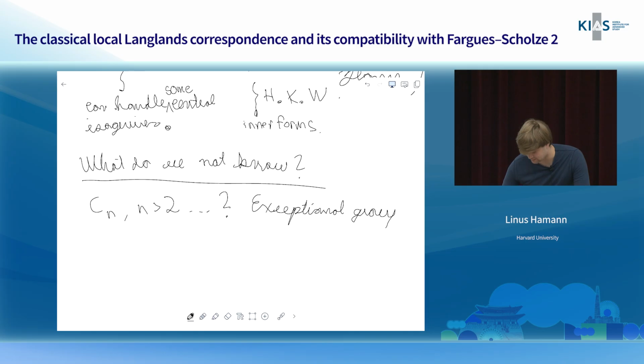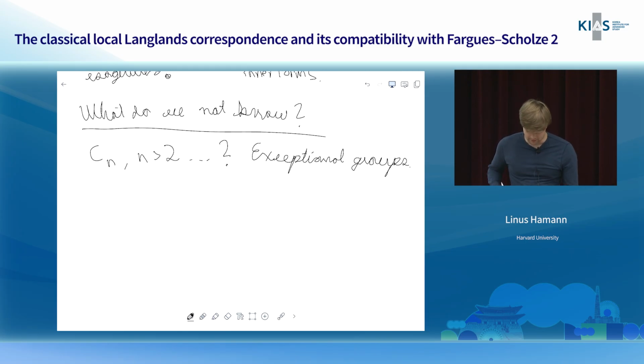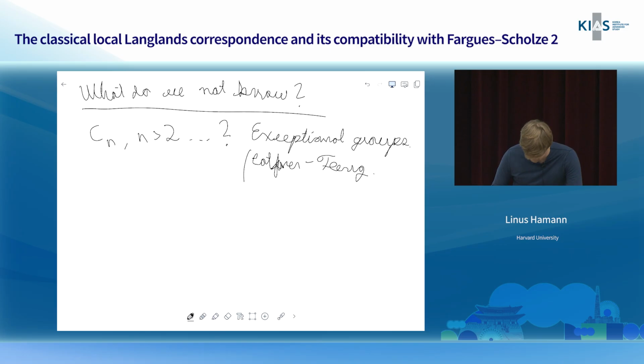Here, there's some very general construction due to Kaletha, and you could ask if it's compatible. And for G2, there's some definitive work of Aubert, Zhu, and Gan and Savin. But I've been informed that there's some work of Koettner and Tony Feng. So Sean is here.